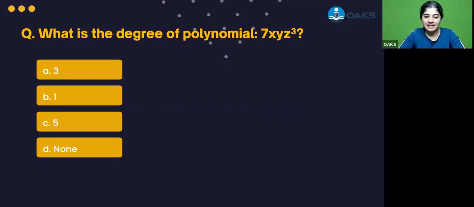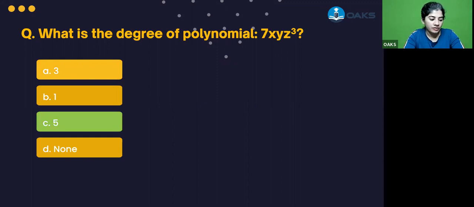So everybody is saying C is the correct option. You just need to add the powers. X has power 1, Y has power 1, and Z has power 3. So 3 plus 1 plus 1 is equal to 5. So C is the correct option here. Everybody is correct.